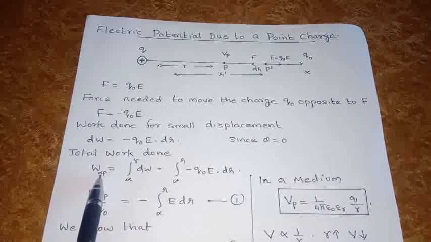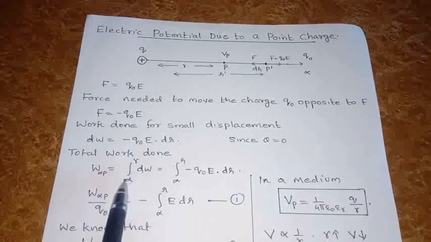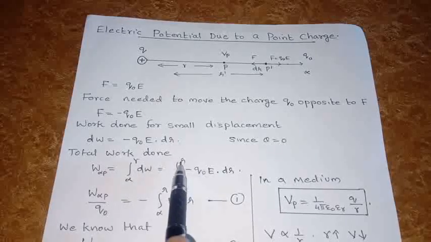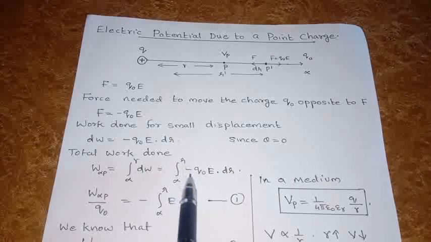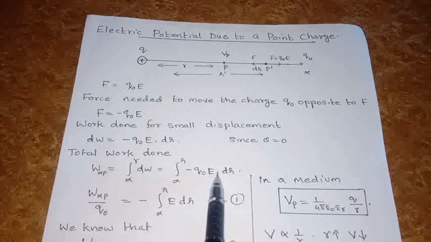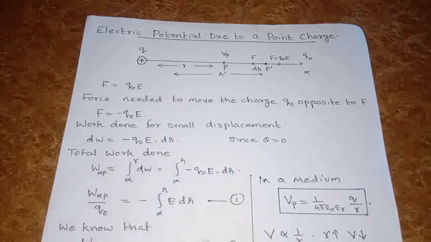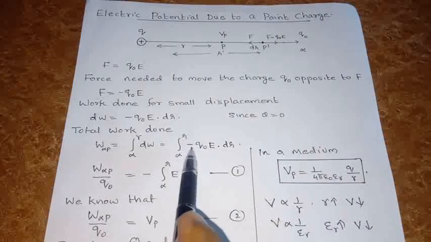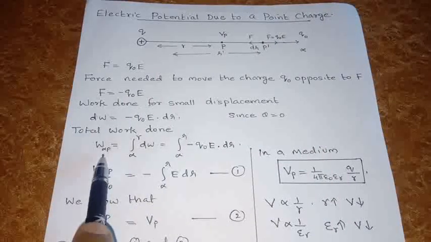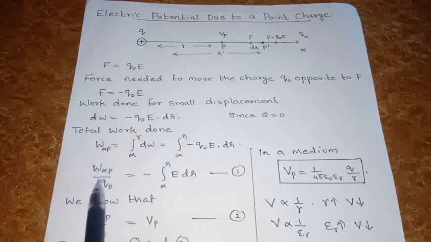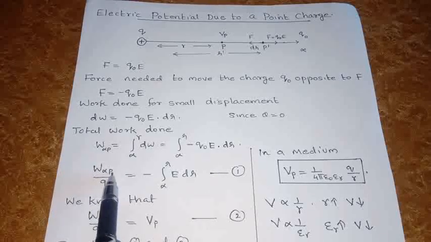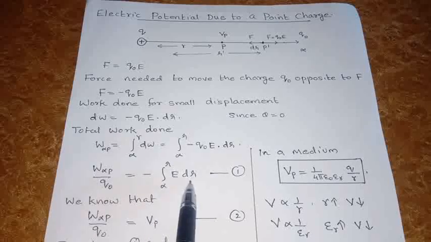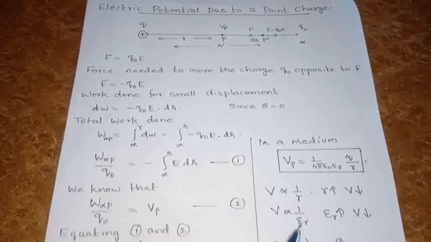So W infinity to P is equal to integral infinity to r dW. Substituting the value, integral infinity to r minus q0 E into dr. Now minus q0 can be taken out and q0 can be taken to the left hand side also. W infinity to P by q0 is equal to minus integral infinity to r E dr. Put as equation number 1.